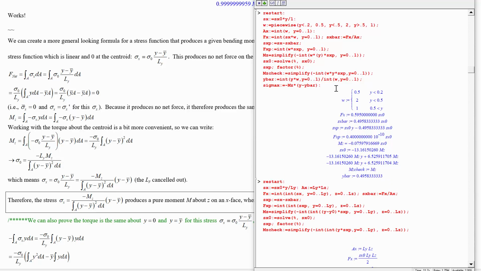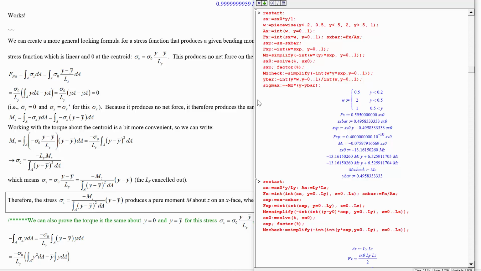Okay. And let's see, y bar ended up being close to the middle because we've got 2 for this thing from 0.3 to 0.5 and 0.5 at the end of it, and then 1 on the top. So I guess we've got about the same area below as above. Y bar is 0.5. Okay.